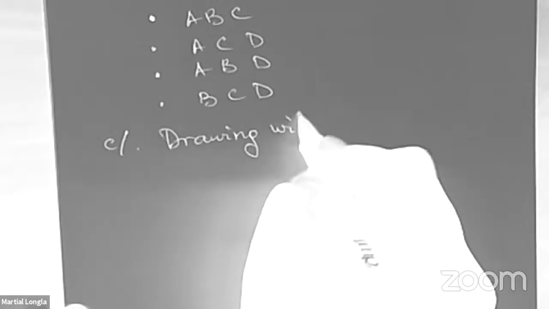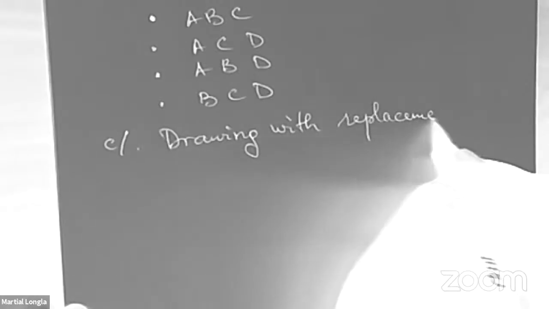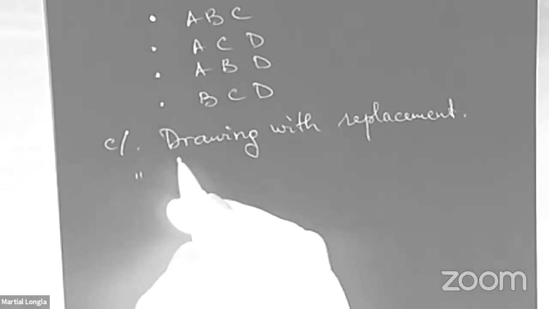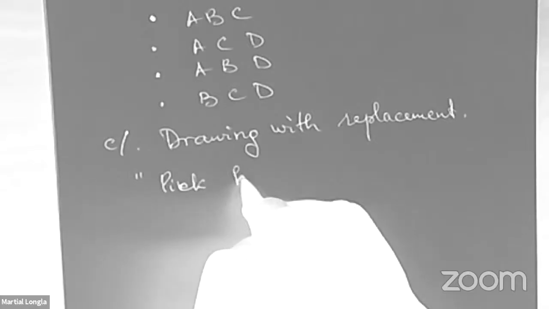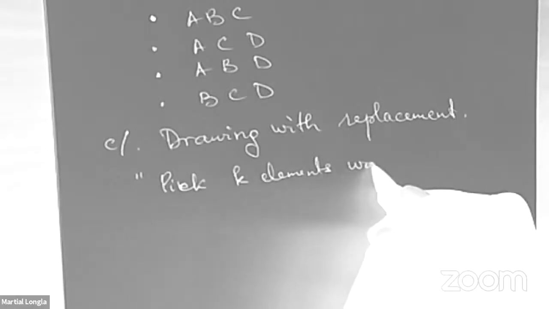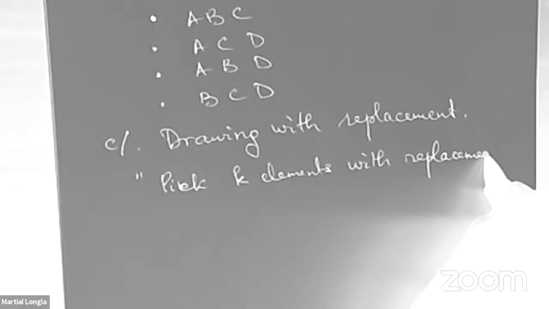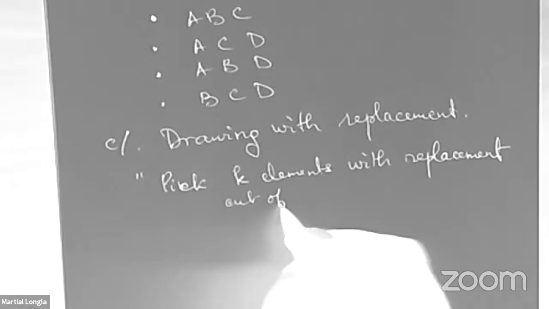Drawing with replacement. In this case, usually the order doesn't matter. So we say pick k elements with replacement out of n.